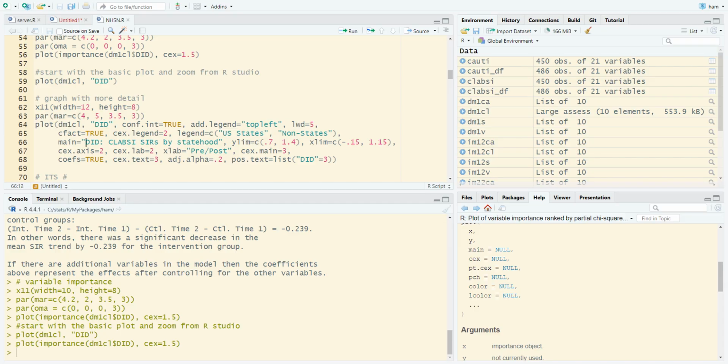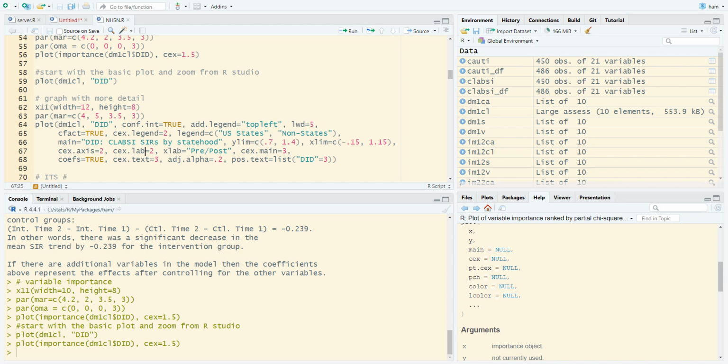We have a main title. We're changing our x and y-axis limits. Changing our points for our different axes.